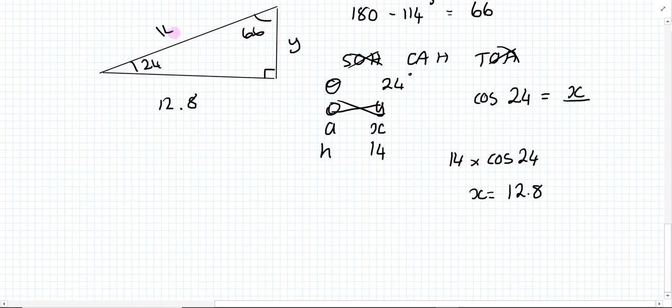Right, here's the option. What can I do now? What are my options? You could use angle 66 as theta. You could use tangent. You can use all of them at this point. But you don't need to change to the other angle.